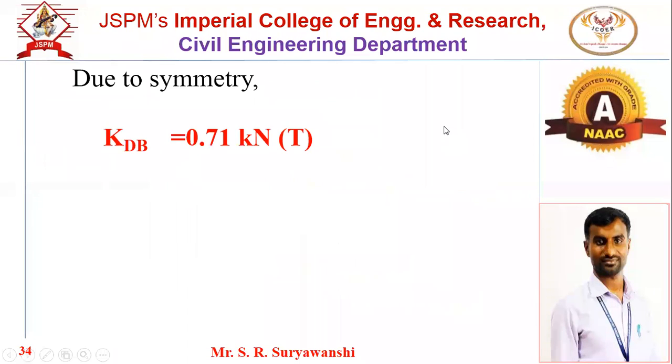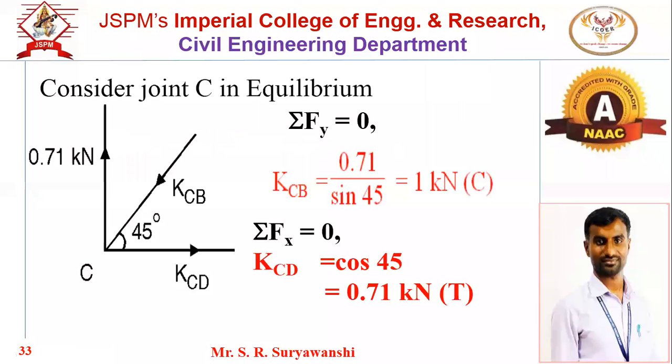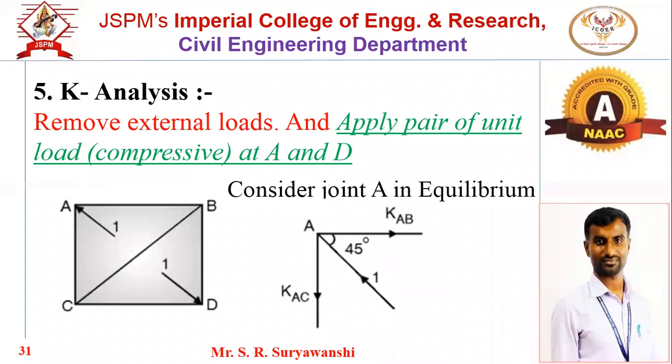Now, as we know that this particular truss is a symmetrical one, we can conclude the following. Member force in AB is equal to member force in CD, then member force in AC is equal to member force in BD due to the symmetry.